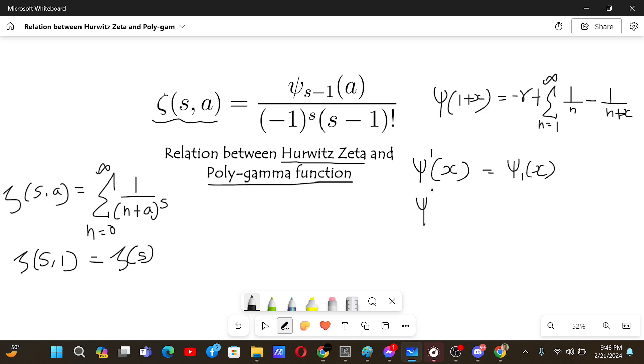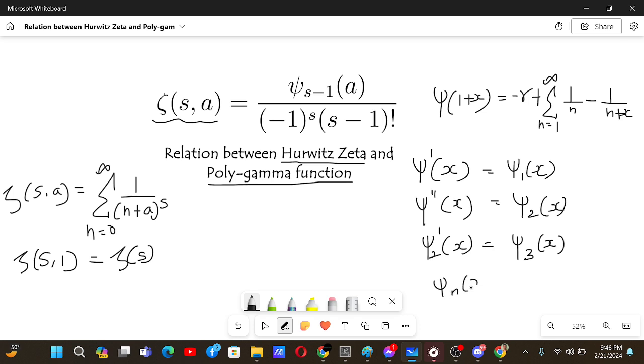The second derivative of the digamma function is known as the tetragamma function, and if you again differentiate this, you get digamma to the base 3 of x. So basically if you differentiate digamma to the base n of x, you get digamma n plus 1 of x, and this digamma base n of x is known as the polygamma function.